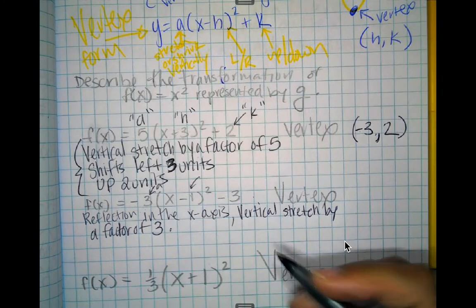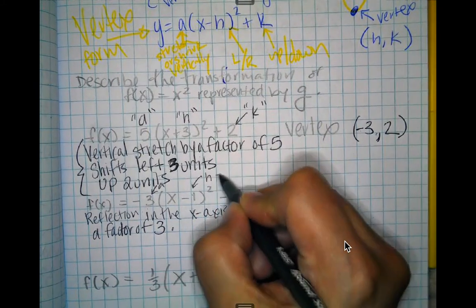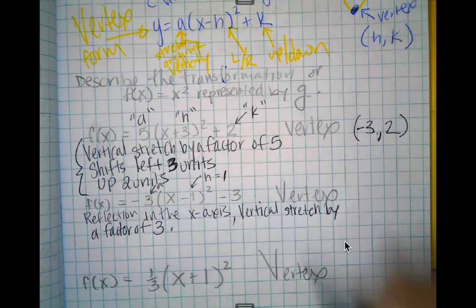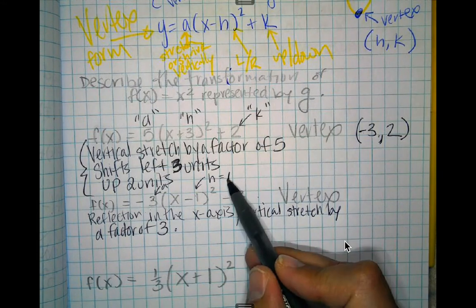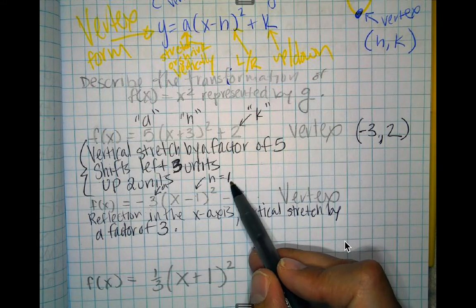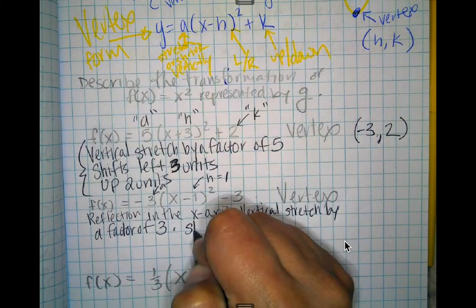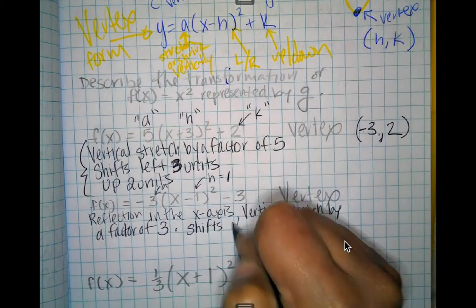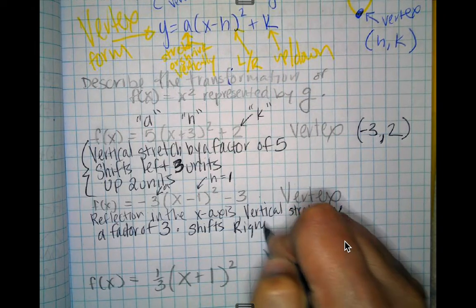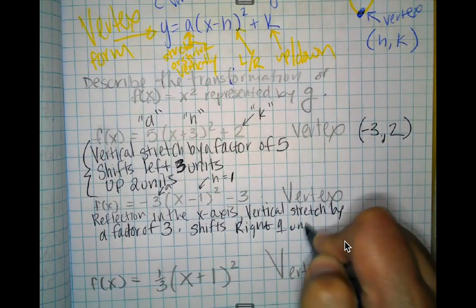Okay, h equals 1. So 1 is greater than 0. If 1 is greater than 0, that means it moves to the right. So it shifts right 1 unit.